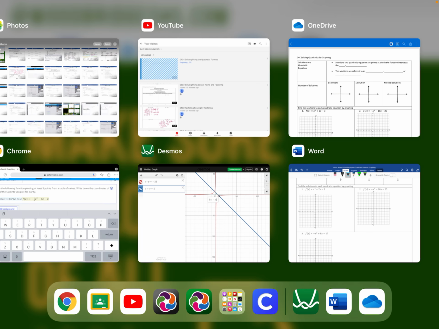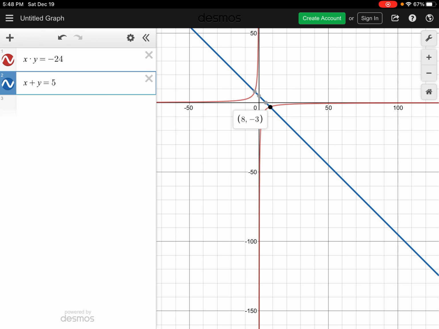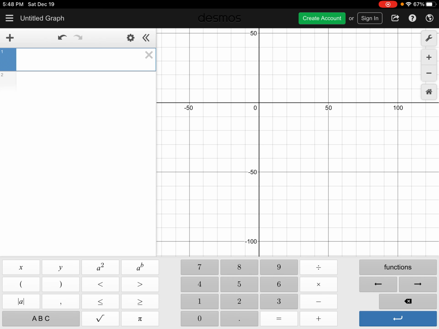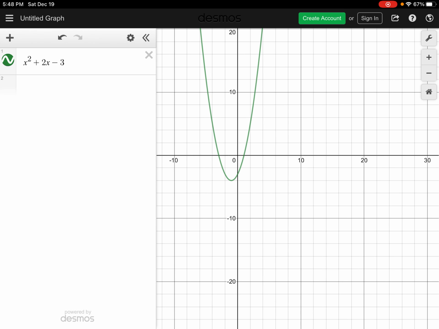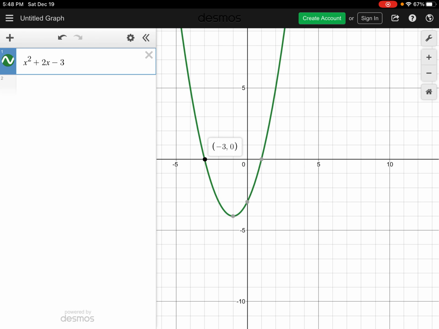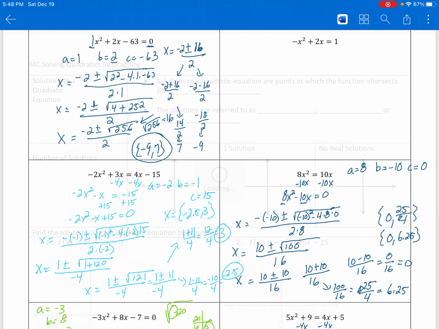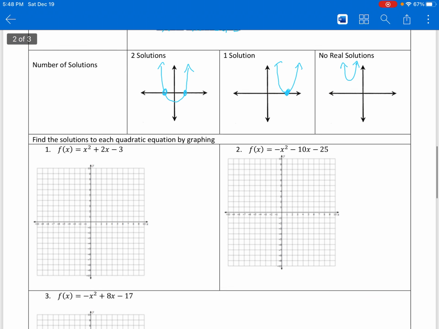So my first equation is x squared plus 2x minus 3. Okay, and so I have my graph here. I look at it, I see where it crosses. It crosses at -3 and 1.